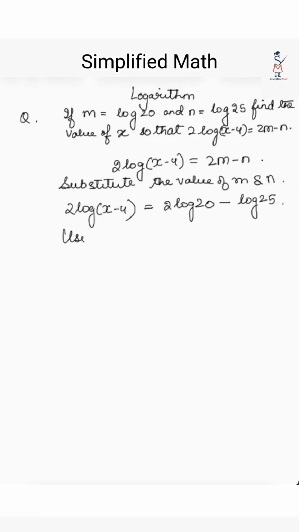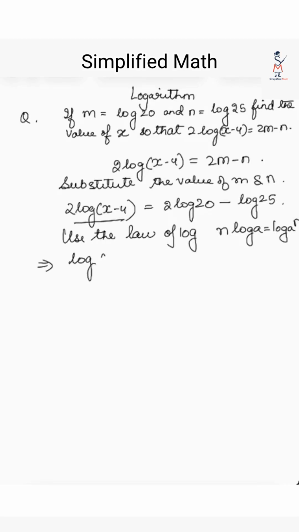Now we will use the law of log, that is n log a is log a raised to the power n. So this side will become log (x minus 4), with the 2 going on the top, squared. In the same way, 2 log 20 will become log 20 squared, minus log 25.